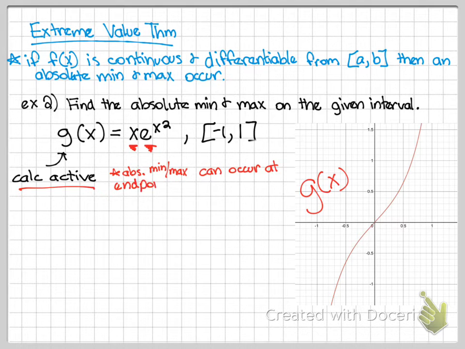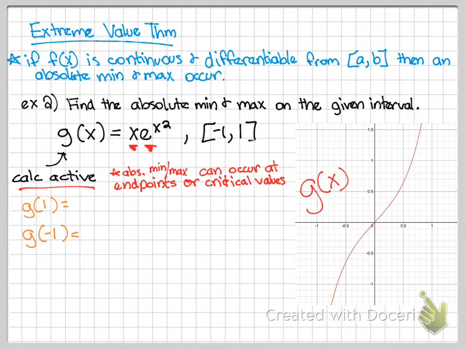And then it can also occur at critical values, so where the derivative is 0. All right. If I were doing this in my calculator, I would start by looking at the endpoints. We want to evaluate g of 1 and g of -1 and see what those y values are so we can figure out which one's the highest and which one's the lowest.